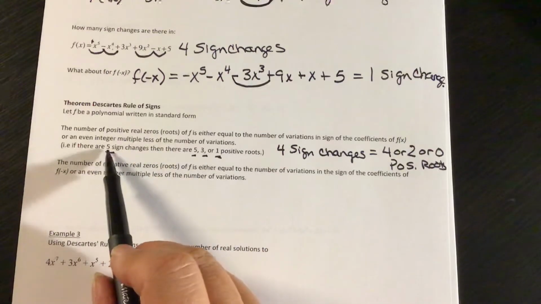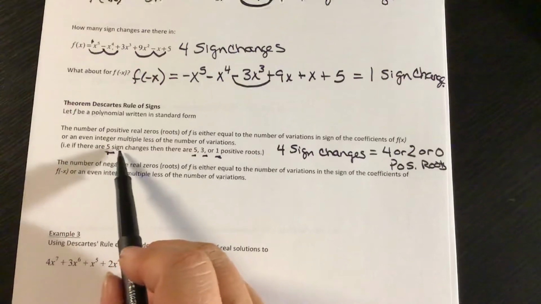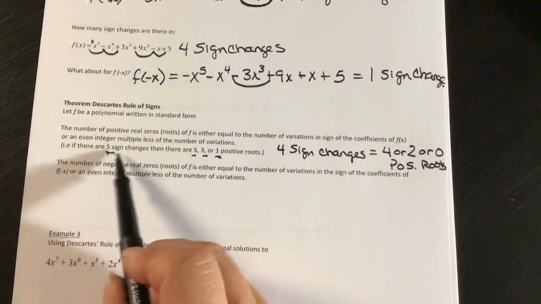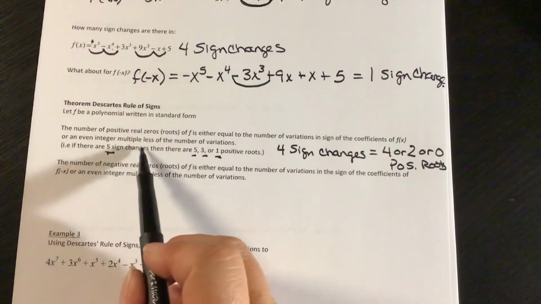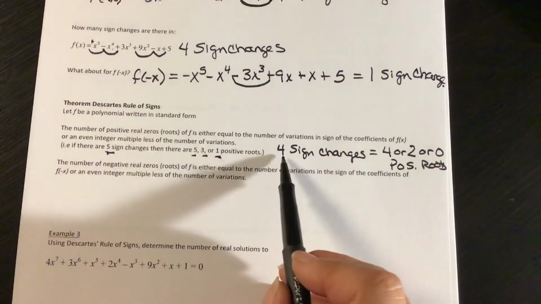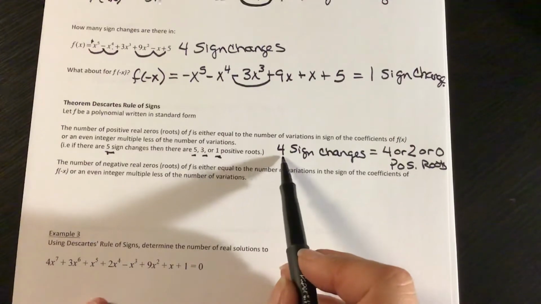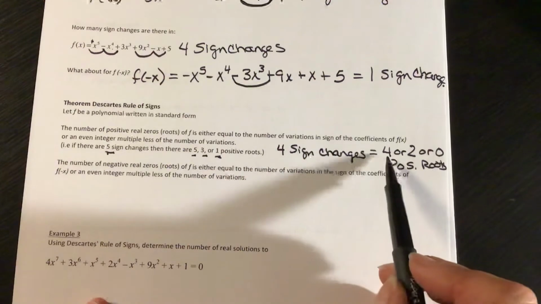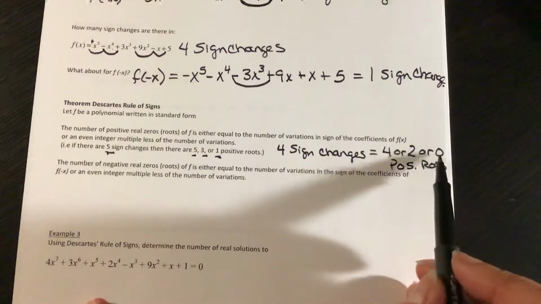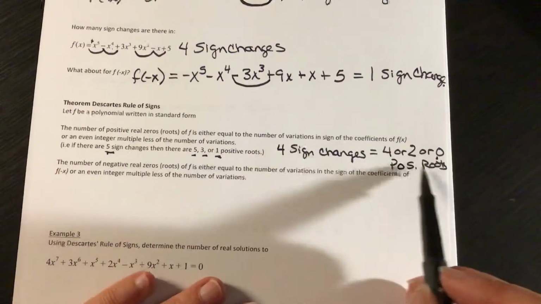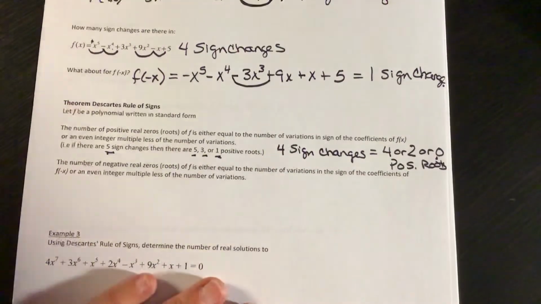So that just means I can have 5, or I'm looking for the other odd numbers less than 5: 5 or 3 or 1. If I have 4 sign changes, I'm looking for the other even numbers less than 4, which could be 4 or 2 or 0. All right, so this tells us how many positive roots we have.